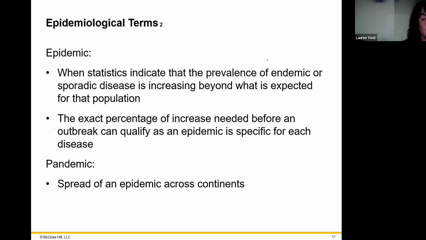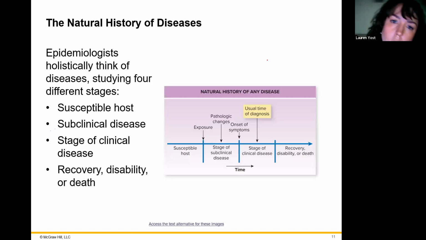There are exact percentages and numbers associated with this, thresholds that you would have to reach according to each disease, according to epidemiologists, but that's the idea. You're deviating outside of what is expected. That's an epidemic, okay? And a pandemic is just going to be an epidemic that crosses continents. It does not have to be all over the world. It just has to cross continents, okay?